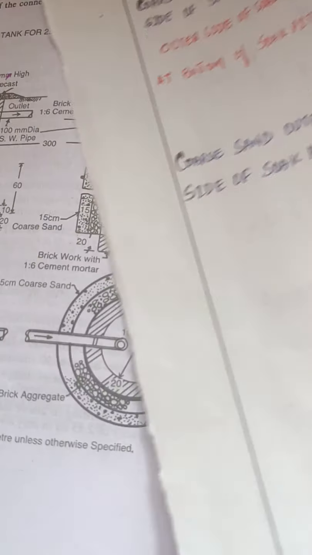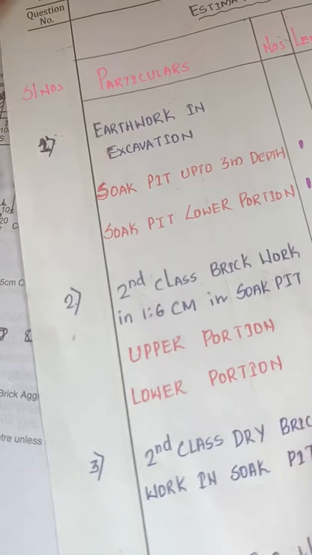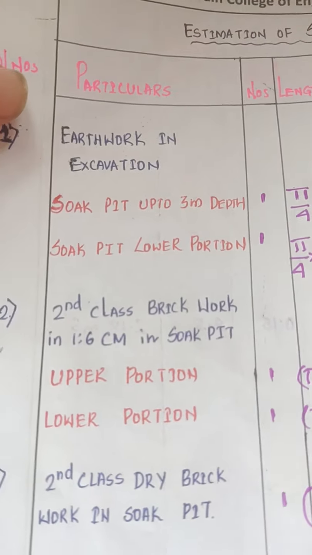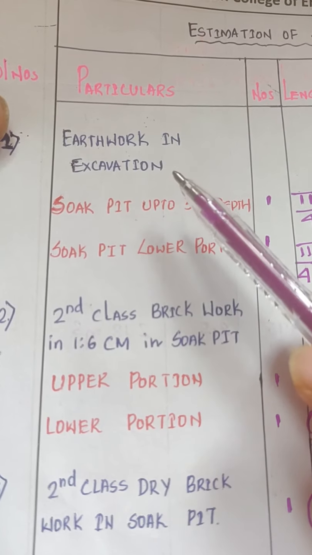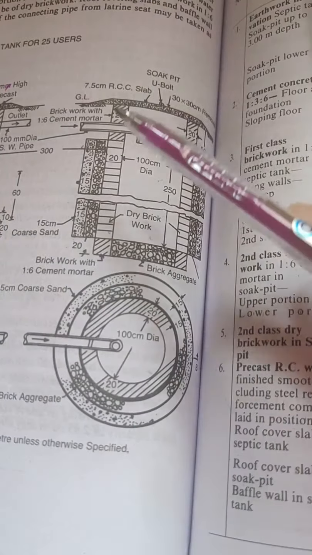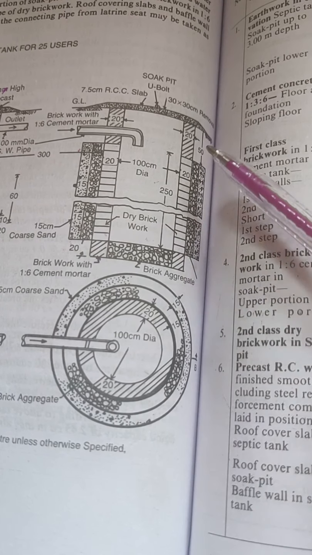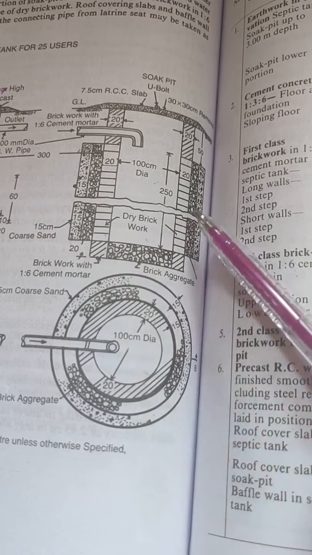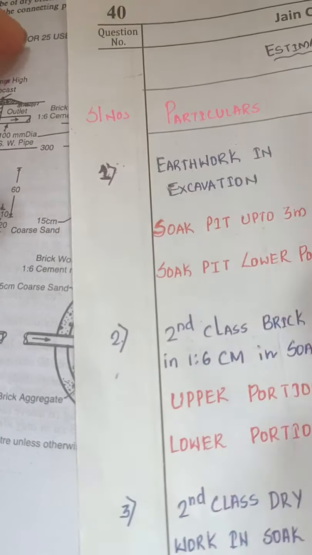So these are the quantities which are involved in calculating the soak pit. Once again I revise. So first quantity is earthwork in excavation, 2 depths, that is here from ground level till here it is 250 plus 50, 300, that is 3 meter, and remaining portion. We have 2 different diameters, so we have divided it into 2.